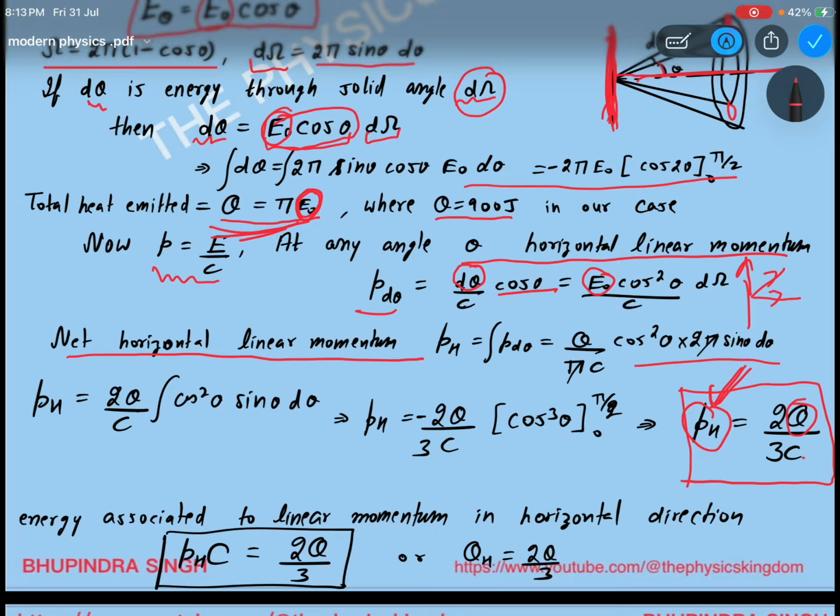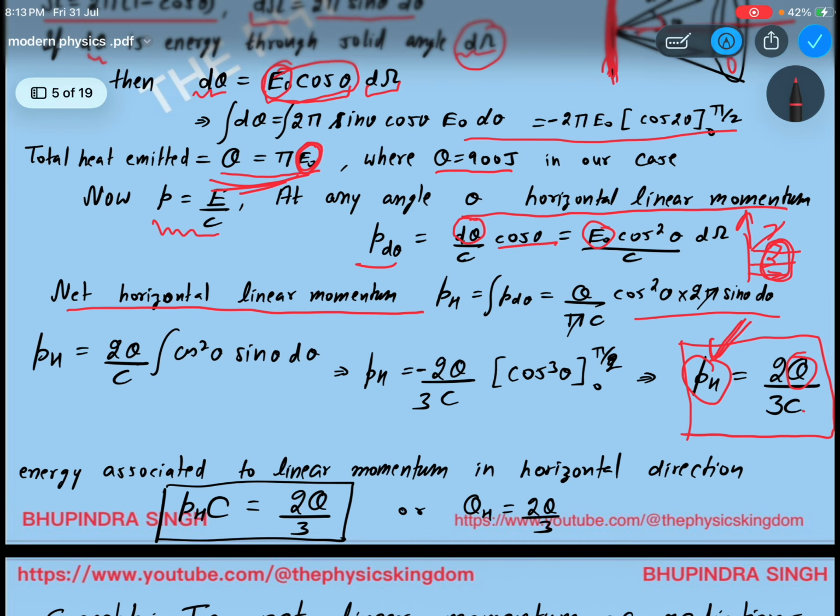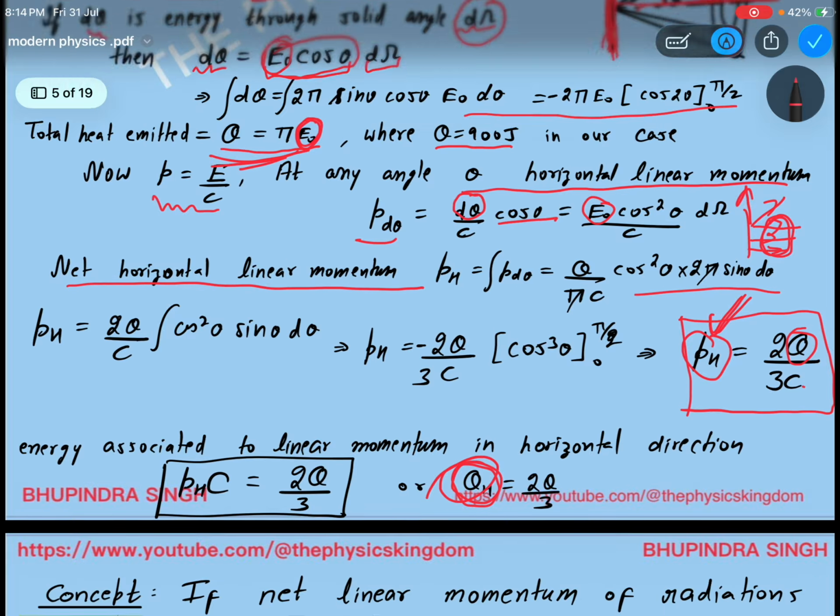I am resolving these linear momentums. So the energy associated with all the rays which are coming horizontally, meaning the components basically, I can write as 2Q by 3, and I am calling it QH. Means the energy associated with all the radiations which have linear momentum in the horizontal direction. Okay, that is 2Q by 3.